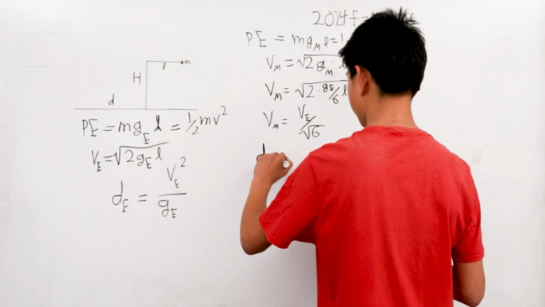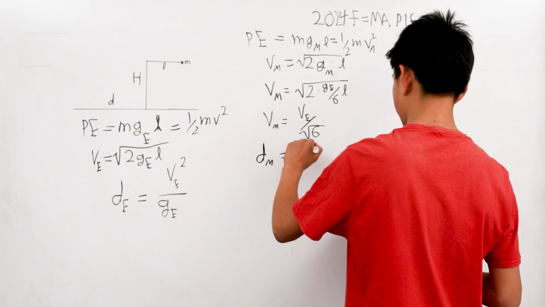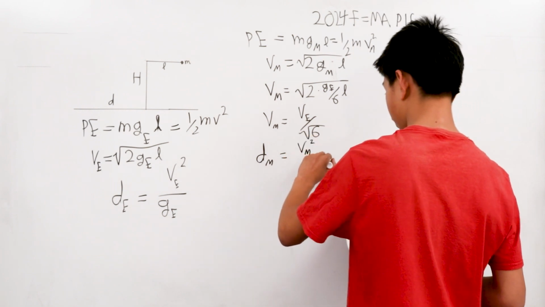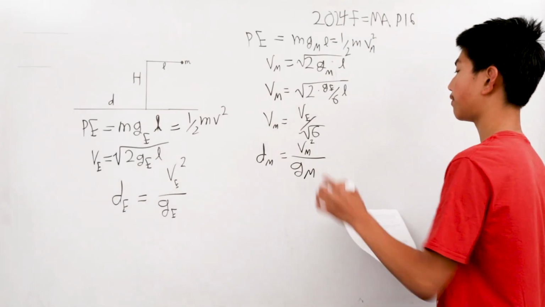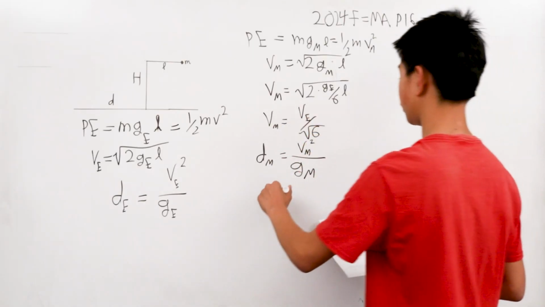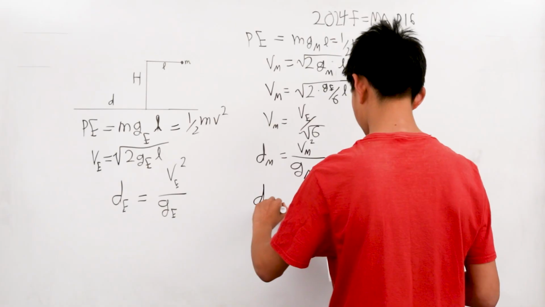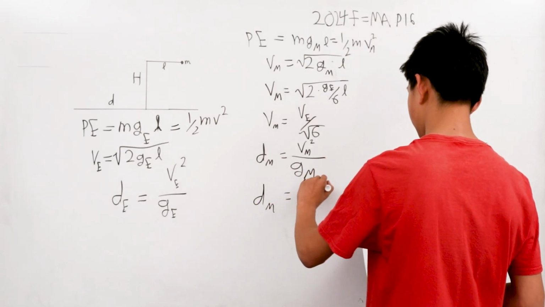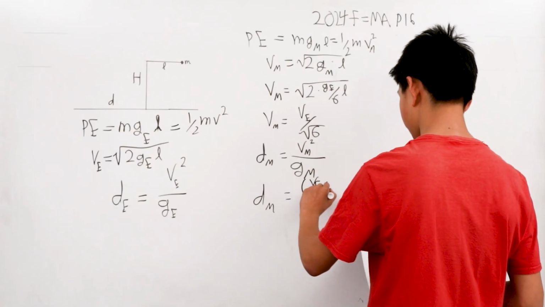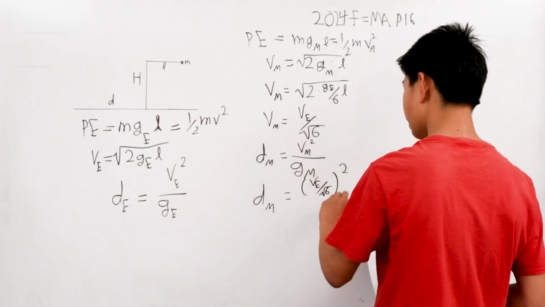Distance on the moon is equal to velocity on the moon squared over the gravity on the moon. We can then plug in this value of the velocity on the moon: d_M is equal to v_E over square root of 6, squared.